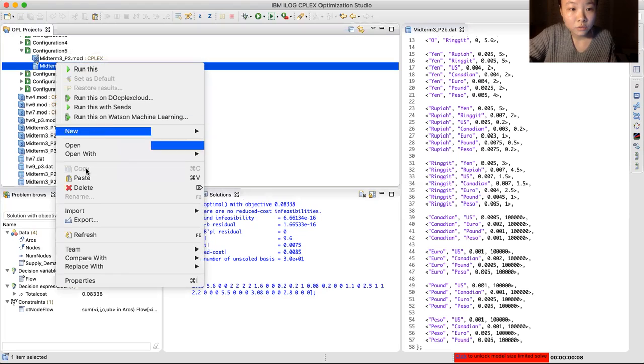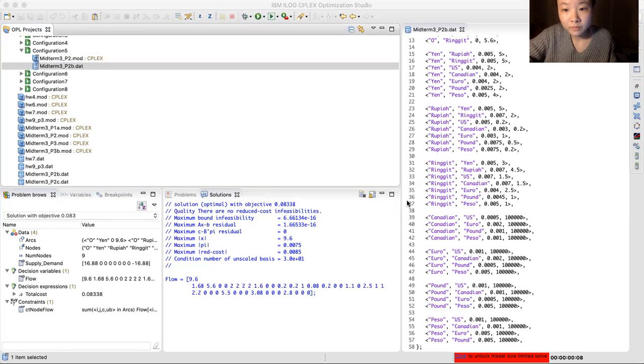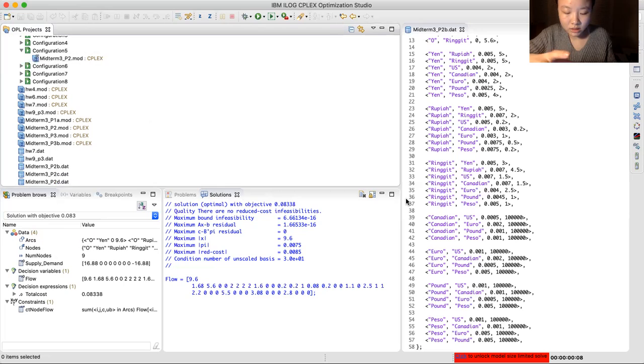For part C, it asks what the transaction cost will be if there are no transaction limits.